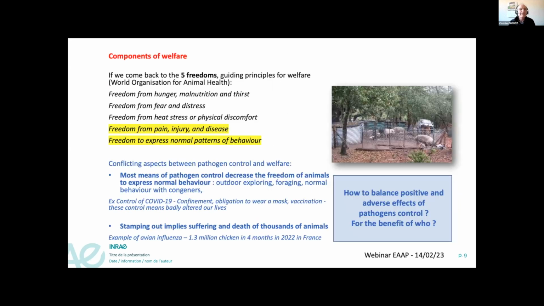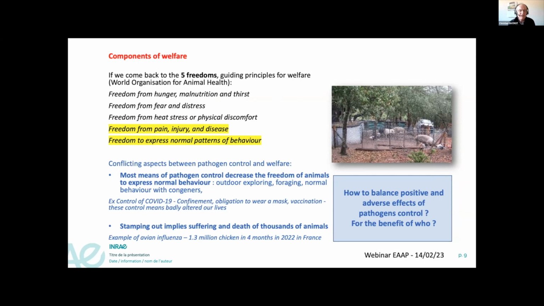But there are other components of welfare, and usually the guiding principles for welfare put forward five freedoms: freedom from malnutrition and thirst, freedom from fear and distress, freedom from physical discomfort, freedom from pain, injury, and disease.